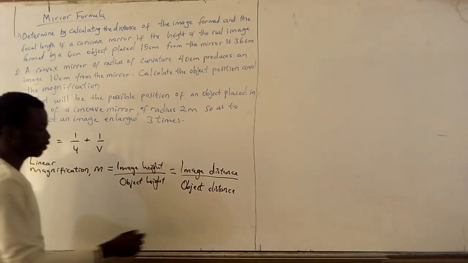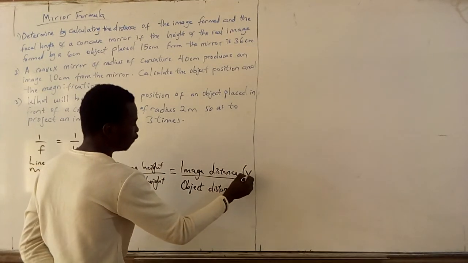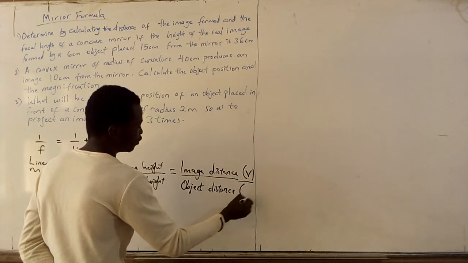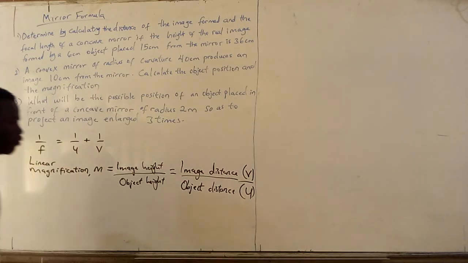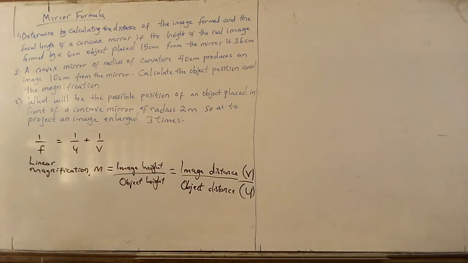The image distance is the same as v, and for the object distance we use u. So these are basically the formulas we are going to use for our calculations.